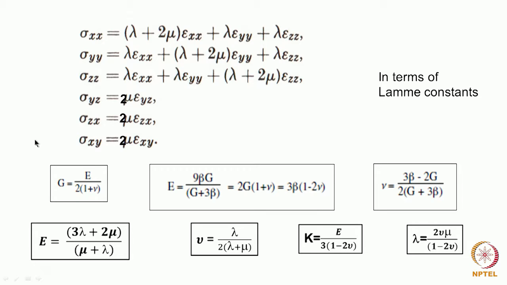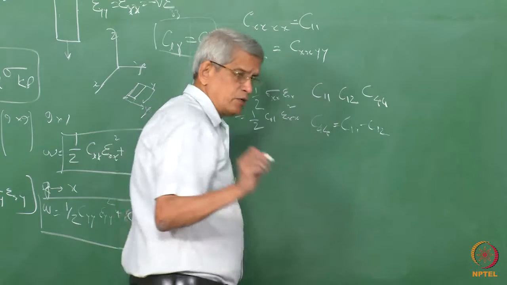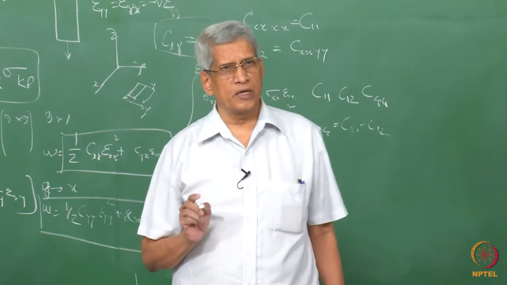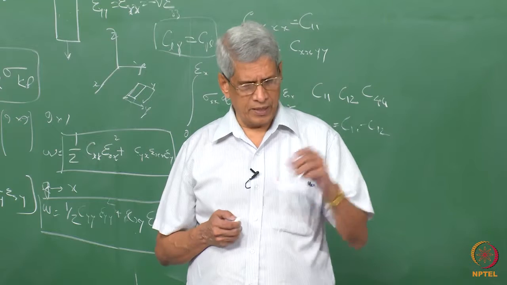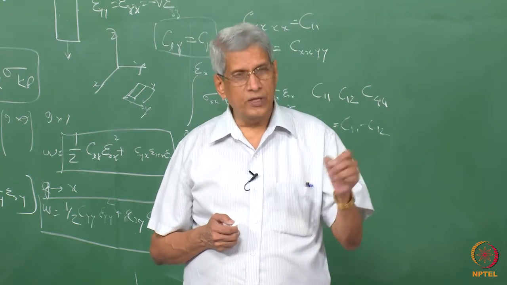Essentially, from these expressions, we have a lot of expressions which can be derived. One is between the shear modulus and the Young's modulus. There are 2 ways in which shear modulus is represented: using the letter G in many books, while some books use the term mu.